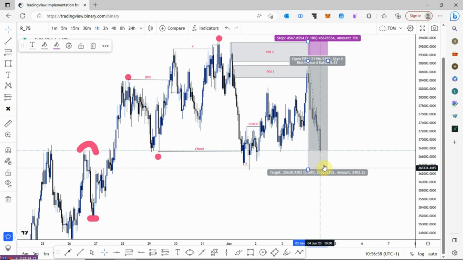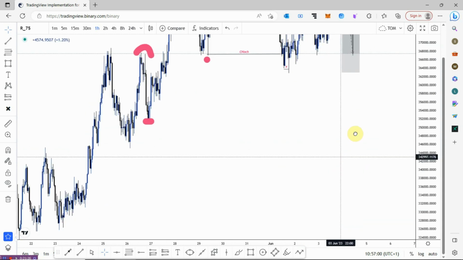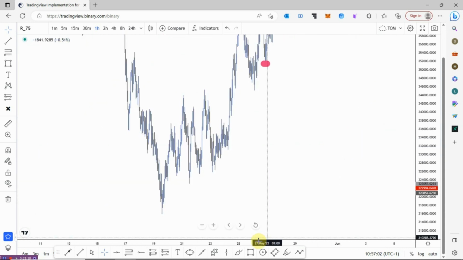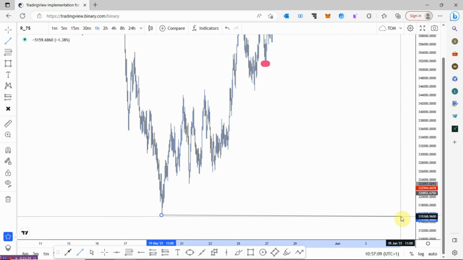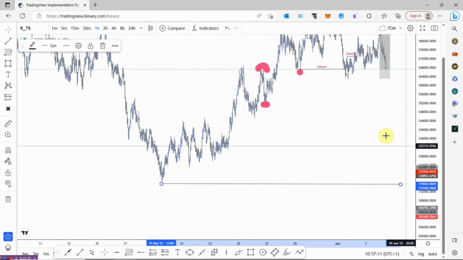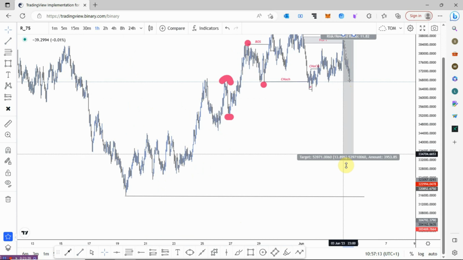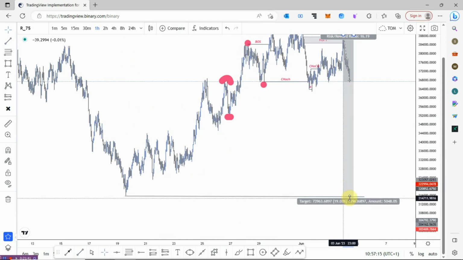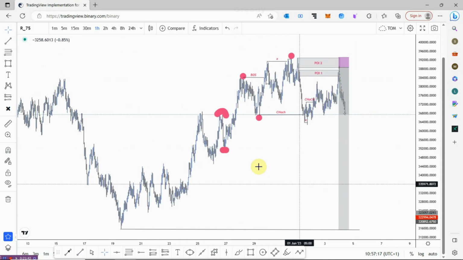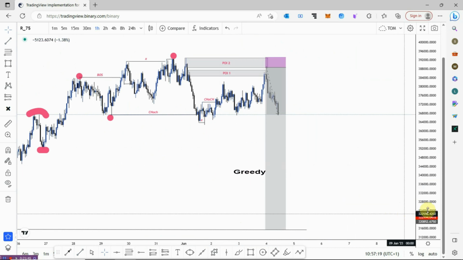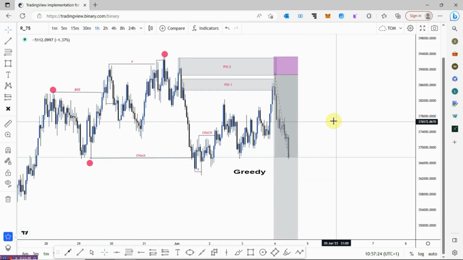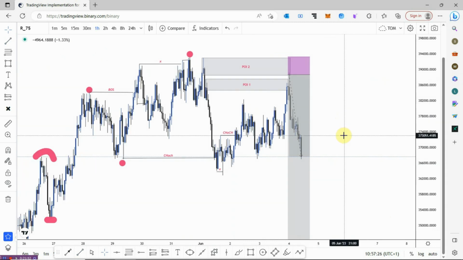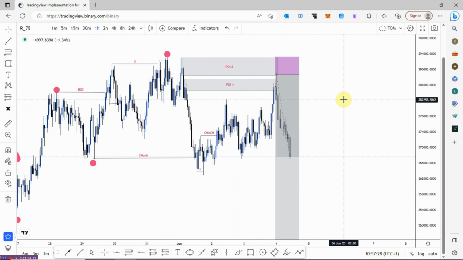I'm going to let one position run until this place, which is going to take some number of weeks. Okay, so this is my target. It's actually my target, but it's always good not to be greedy in the market. And right now our stop loss has been brought to break even.